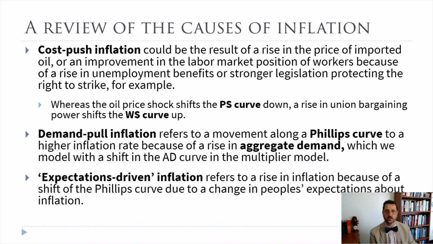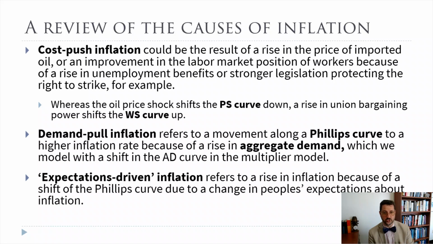So we can divide up our causes of inflation into a few categories, right? So one is cost push inflation. That's like an increase in the price of oil, or an increase in any important price in the economy, including wages.